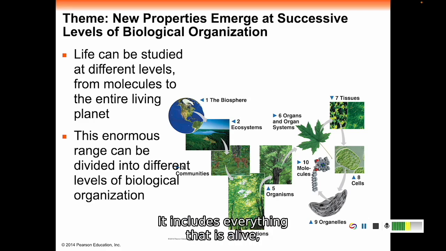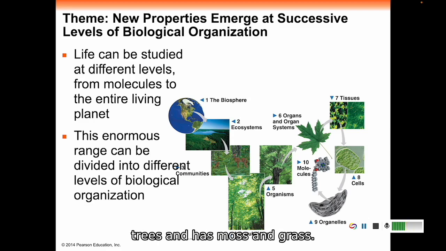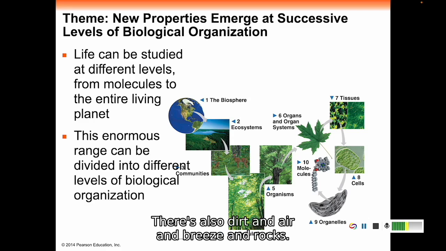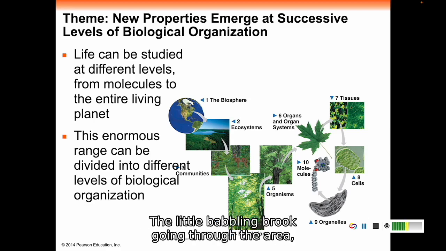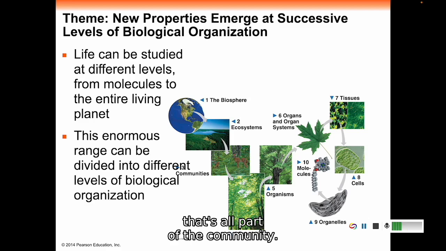It includes everything that is alive, and it includes everything that is not alive. So in this picture, it has deer, it has trees, it has moss and grass. There's also dirt and air and breeze and rocks and all the stuff that's not alive. The little babbling brook going through the area, that's all part of the community.